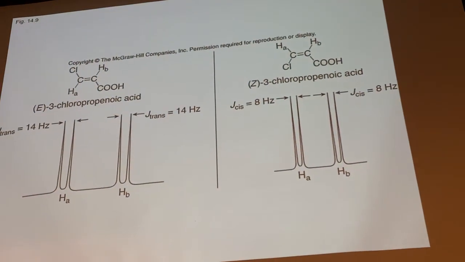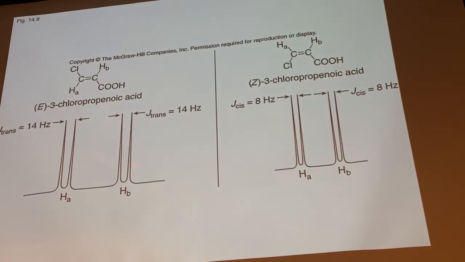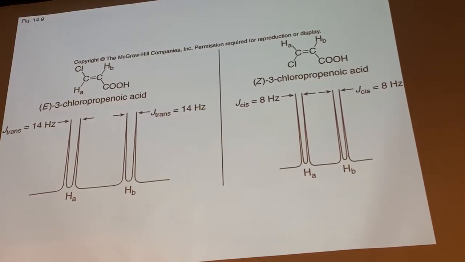So here are some consequences of that. If we look at these two diastereomers, let's say we knew that we had a sample of chloropropanoic acid, but we didn't know if it was the E isomer or the Z isomer. In the E isomer, those hydrogens are trans to each other, so we would expect a larger J value than if we had the Z isomer, where those hydrogens are cis to each other. So we could acquire the proton NMR spectrum.